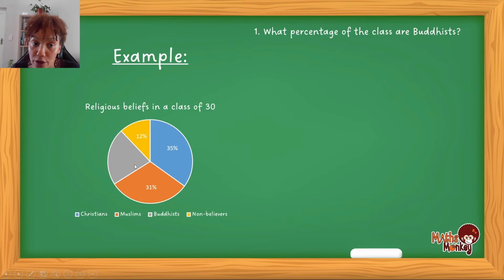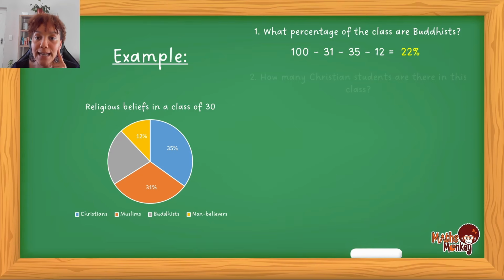So to calculate how many in the class are Buddhists, I'll take the 100% and subtract all the percentages given in the graph. That would give me 22%. So that means that 22% of the 30 students are Buddhists.